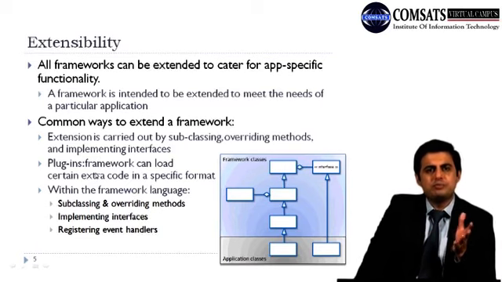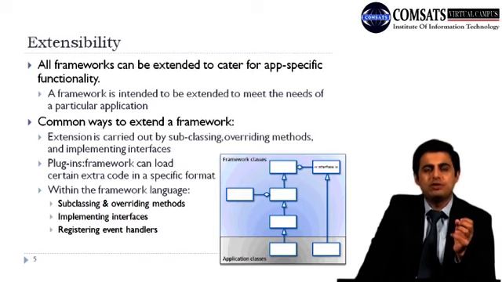Now the framework has been provided by the vendors, but they are open source frameworks. And what you can do is simply take another framework and extend the previous one with the new framework or some features of the new framework.